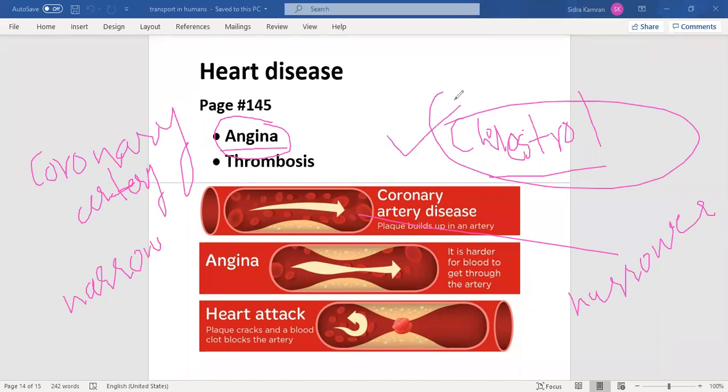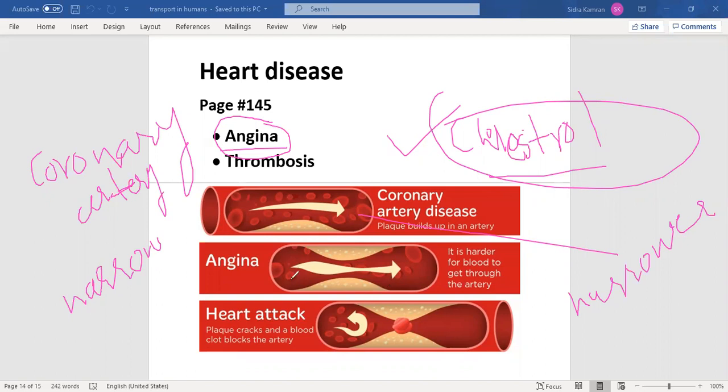That's why doctors recommend using less oily, less fatty foods, because that kind of food increases the cholesterol level in your body. And if the cholesterol is increased in your blood, then you can face many problems, specifically the angina pain. If the cholesterol level is increasing day by day, this cholesterol increases the roughness in the arteries.